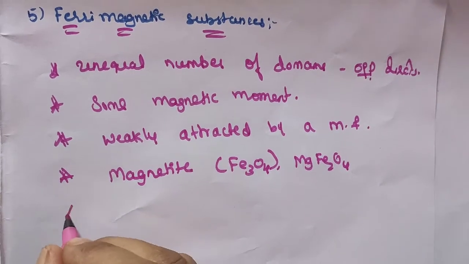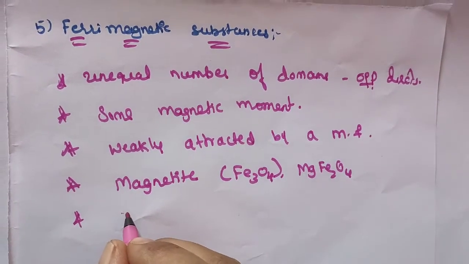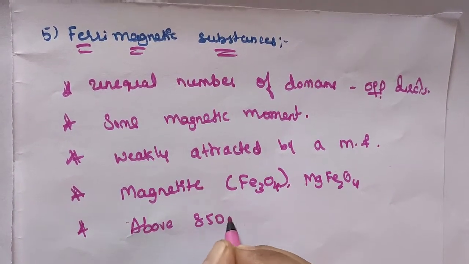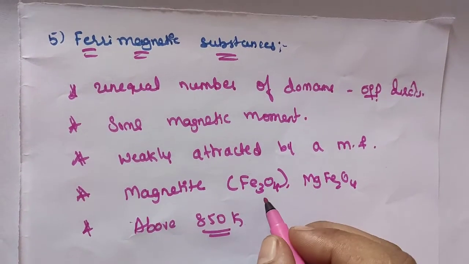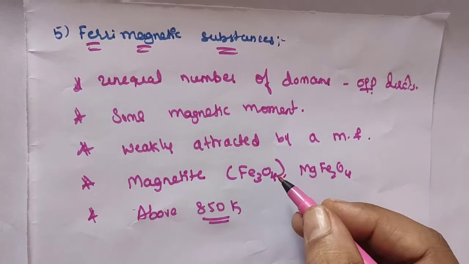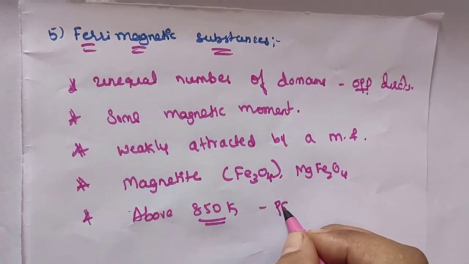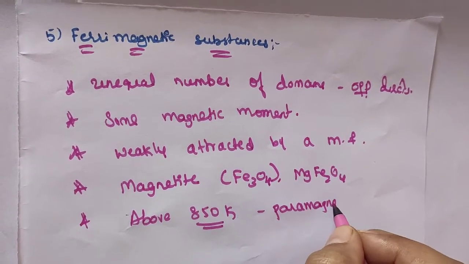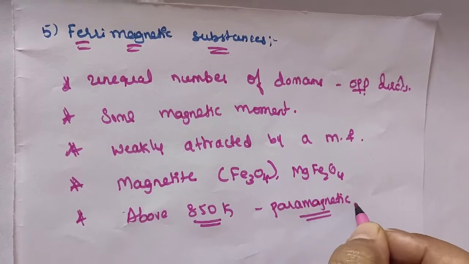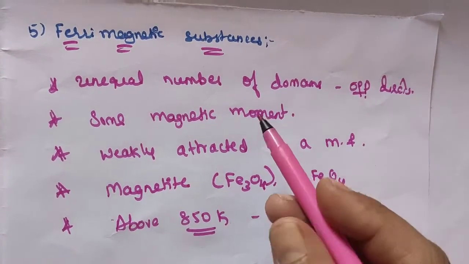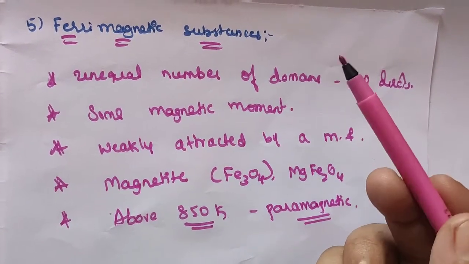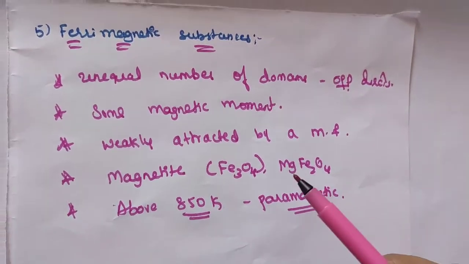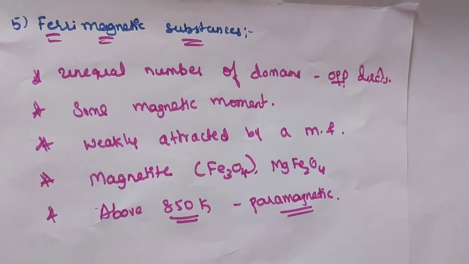So if we apply a temperature above 850 Kelvin, these substances become paramagnetic, and they then show a strong magnetic moment whenever a magnetic field is applied. So this is about the ferrimagnetic substances.